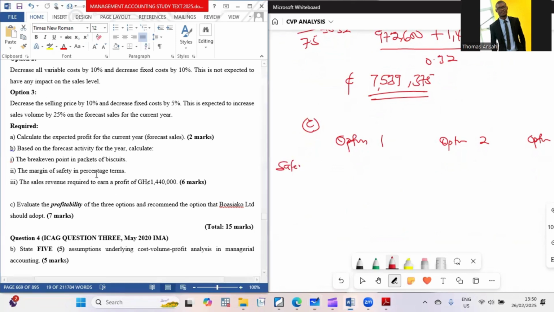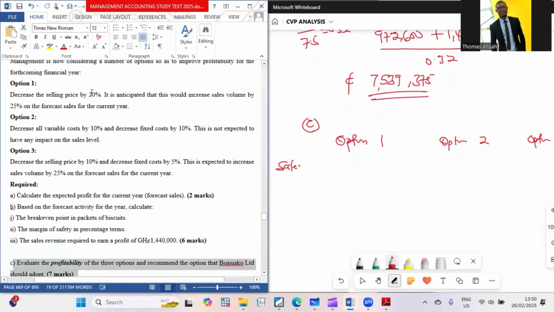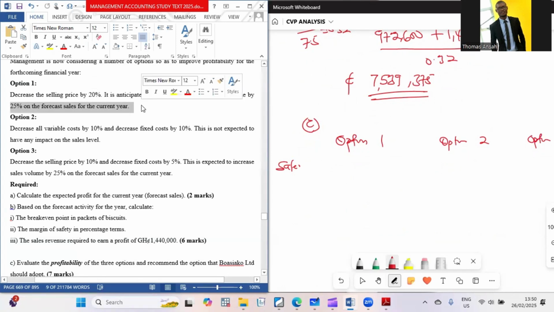Now, what is option 1 saying? Option 1: decrease sales price by 20%. It is anticipated that this would increase the sales volume by 25%. Interesting. This is pure mathematics. So it is saying that we change the selling price by 20%, and once we do, your volume is also going to increase by 25%.